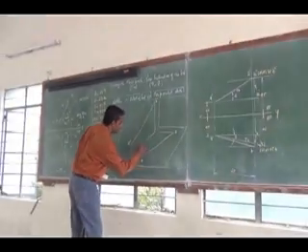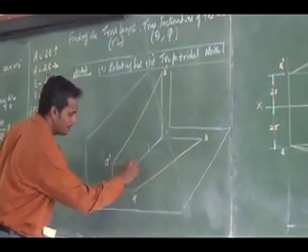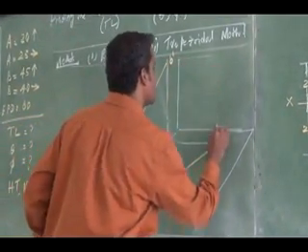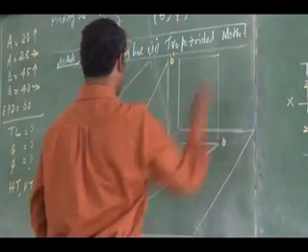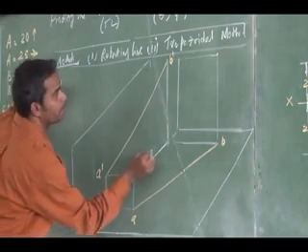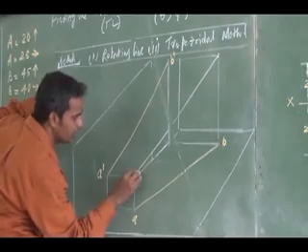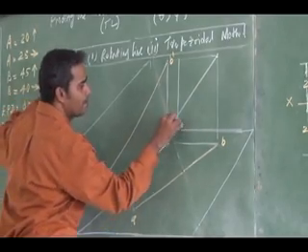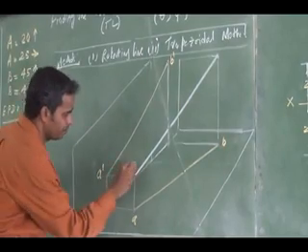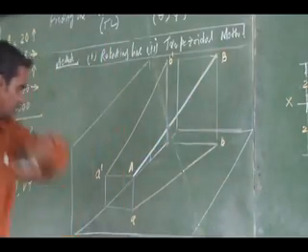The actual line will be this one. This is my actual line. This is my A. This is my B.